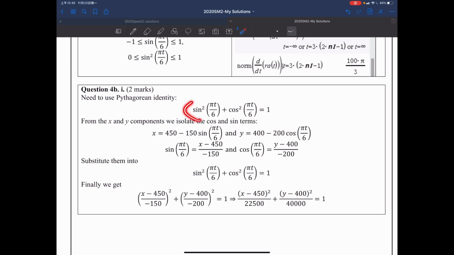Then stating this identity and substituting this one into here, substituting this one into here. So you can get, okay, (x minus 450) over minus 150, squared, plus (y minus 400) divided by minus 200, squared, equals 1. Expanding gives you the desired answer. So the second step is substituting and simplifying.